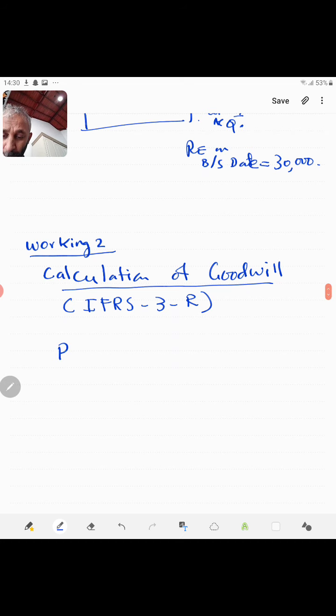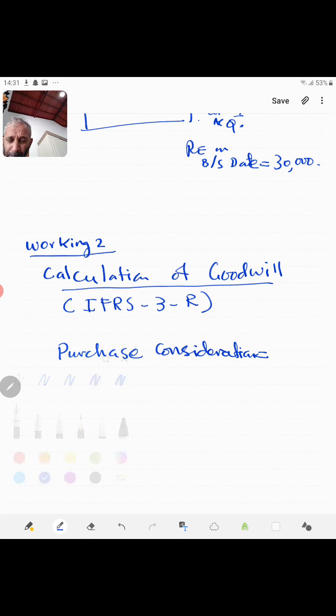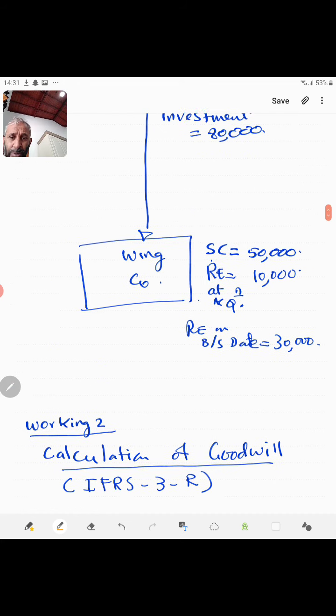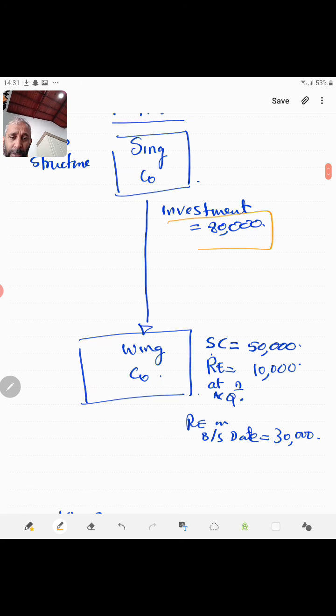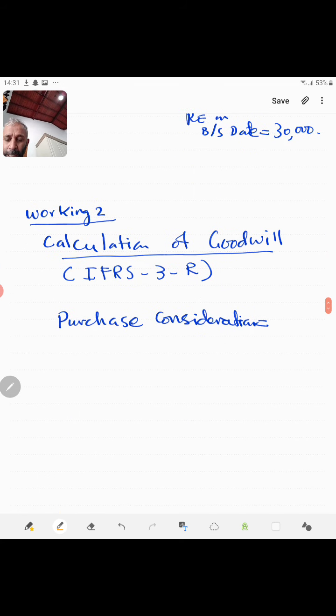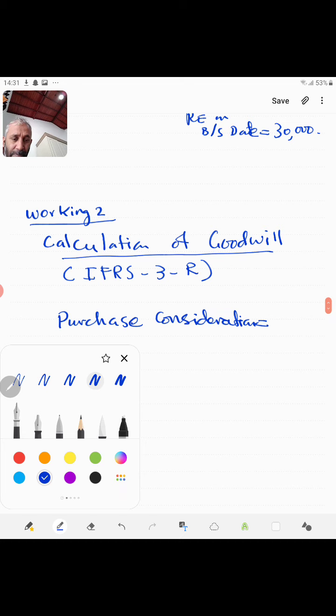Therefore, purchase consideration is available in the group structure. If you see here, this is the purchase consideration. So I will take it at this point.